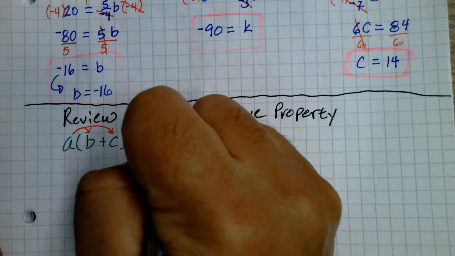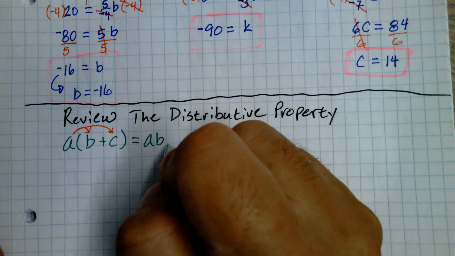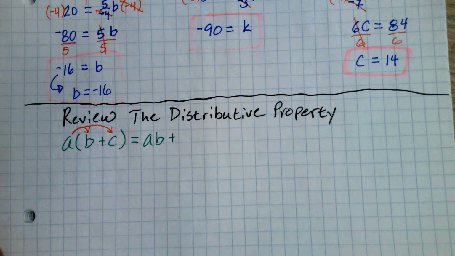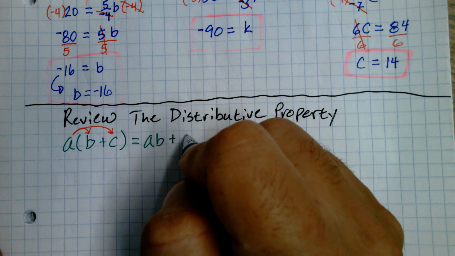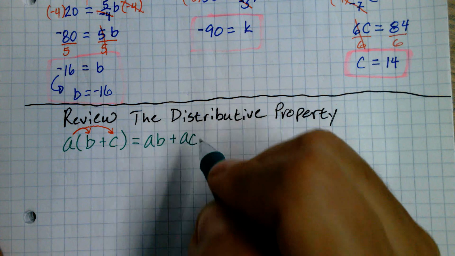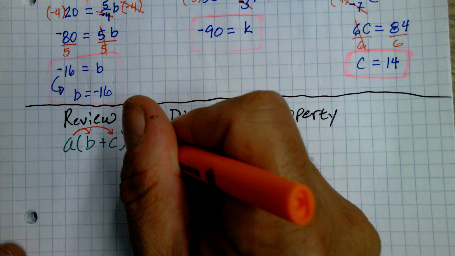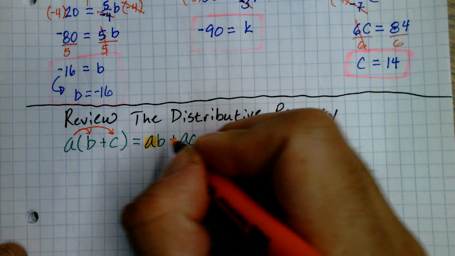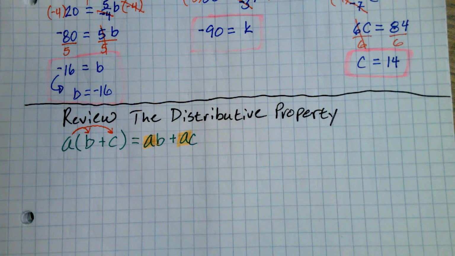A times B is AB. Then there's addition, and we multiply A with C, which is AC. Each time, A is there.